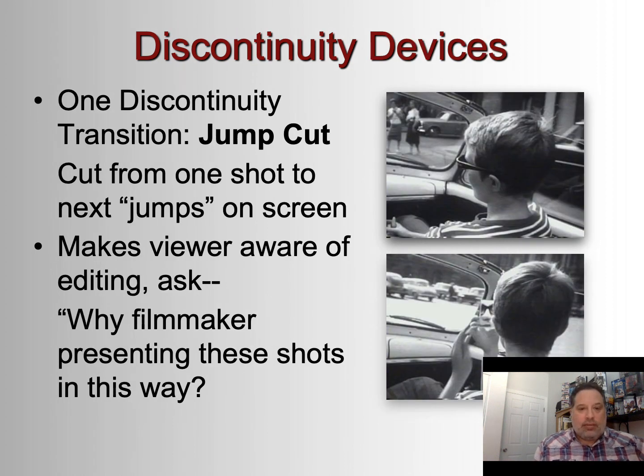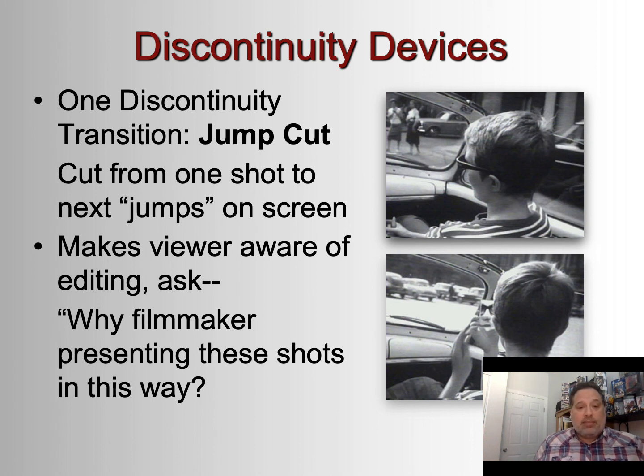One common, or I should say famous, it's not common because it's not used that often, but you will see it from time to time. One common element is the jump cut. The cut from one shot to the next jumps on screen, but it doesn't jump to a new shot.